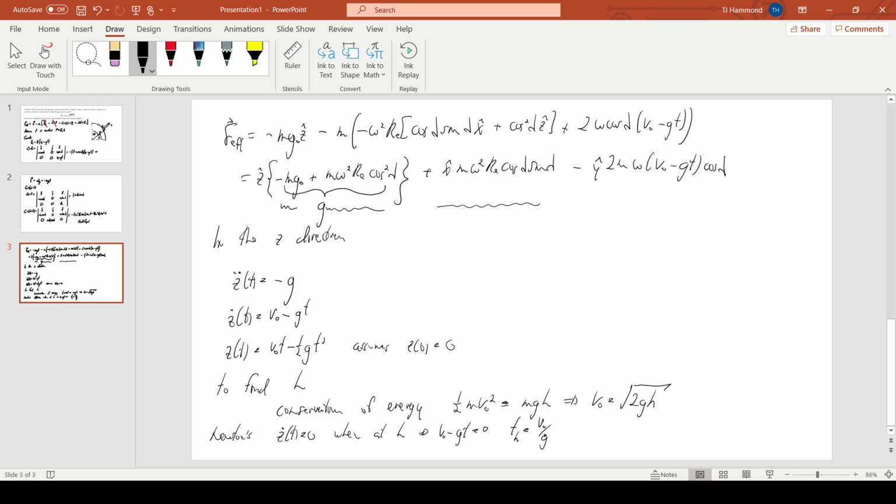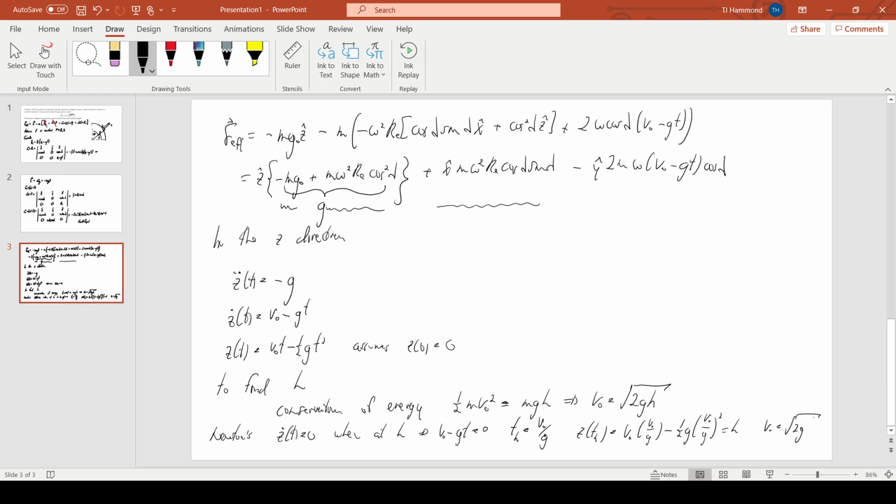And then you stick this in for the z at this point, and so that's going to be v naught over g minus 1/2 g (v naught over g) squared, and that equals h, but you calculate that what you get is v naught equals the square root of 2gh.